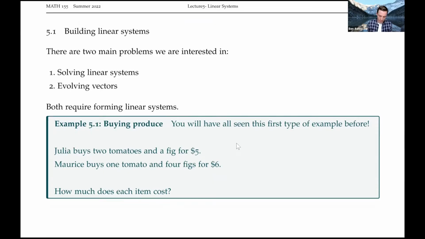And the second type is the evolving vectors that describe some change in states, so that describe states or populations. So I won't be talking too much about these today. I'll talk about them more in upcoming lectures and problem classes.